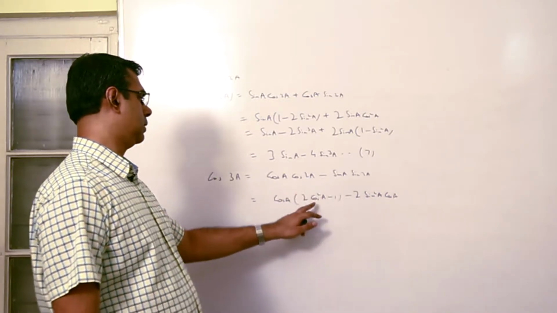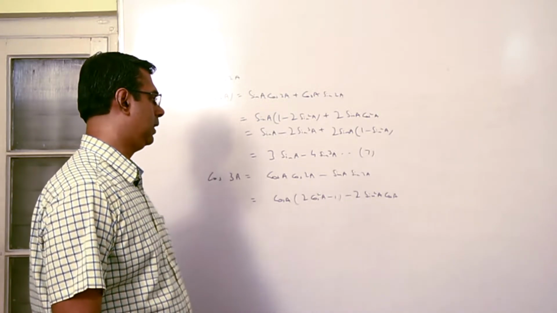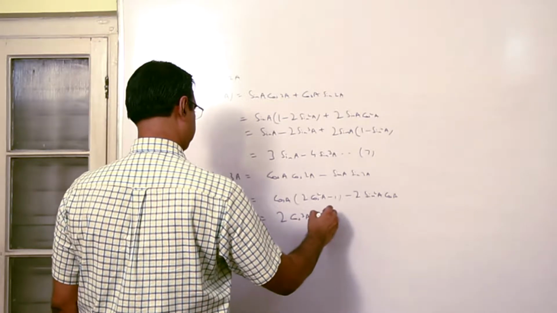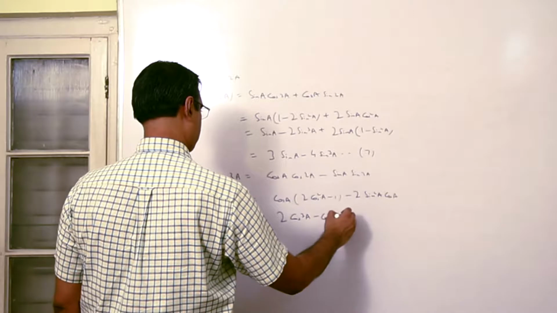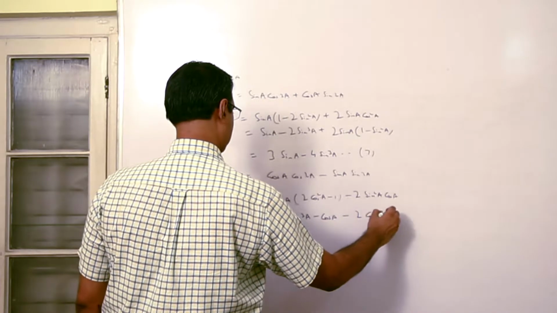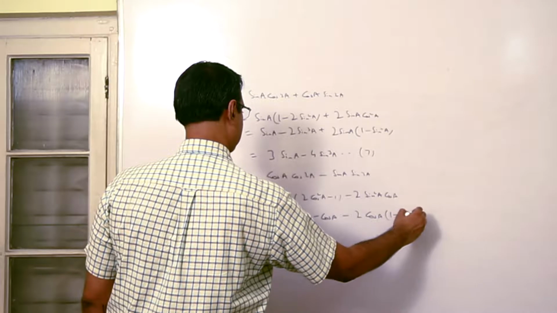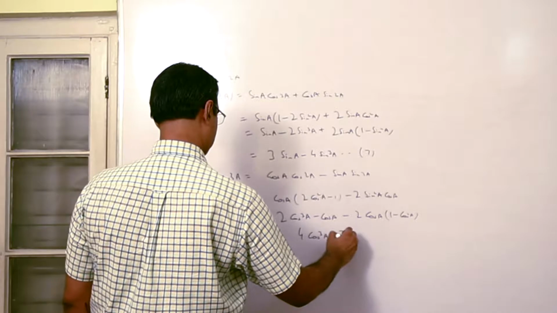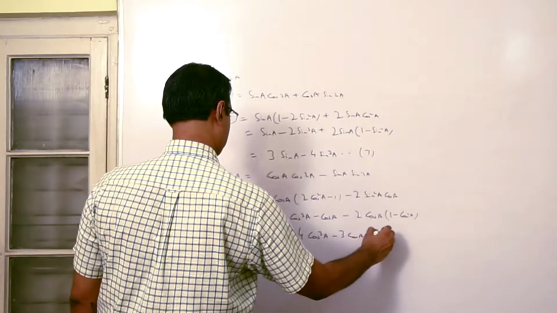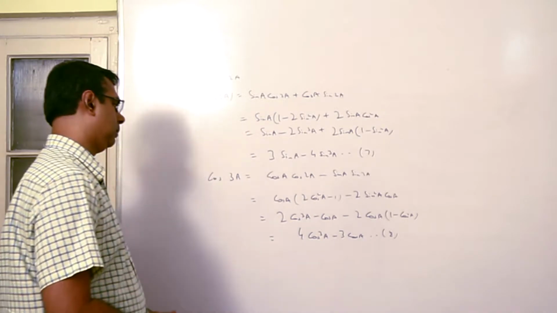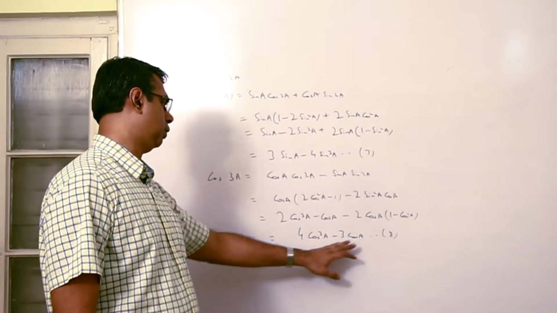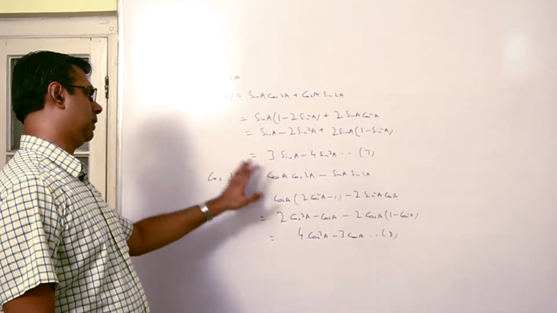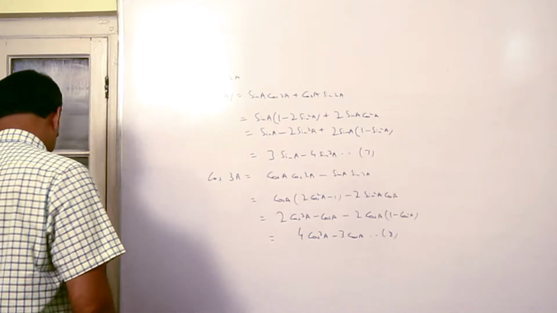So cos 2a is 2 cos square a minus 1, sin 2a is 2 sin a cos a. So this becomes formula number 8. Cos 3a is 4 cos cube a minus 3 cos a. So these are the first 8 formulas of this chapter.